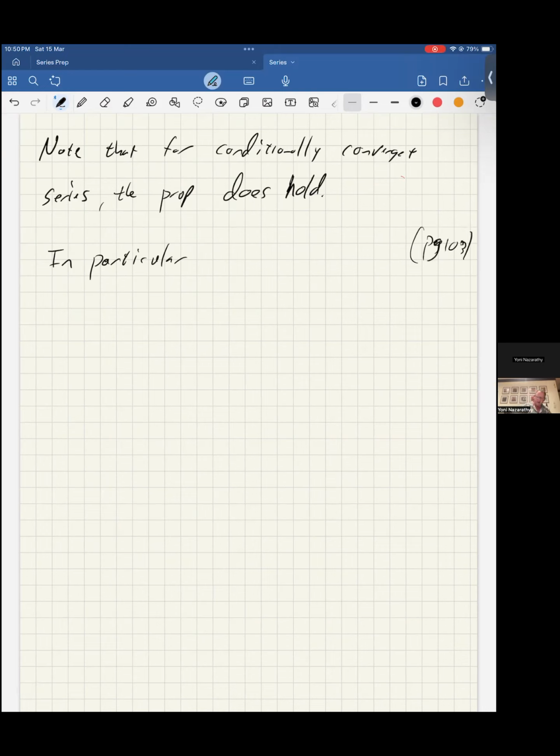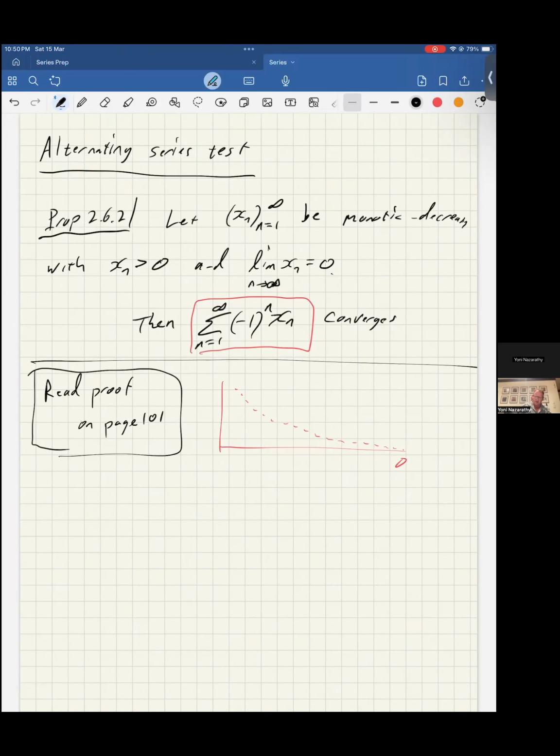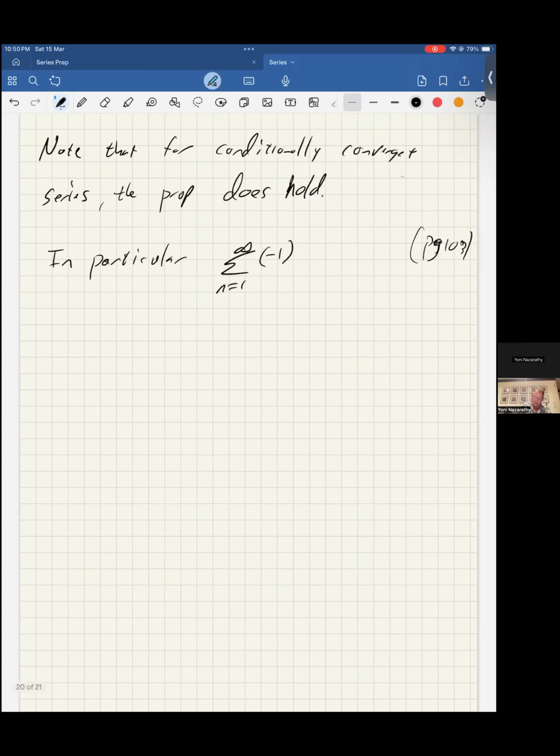is you start with this conditionally convergent series that we've already spoken about, the one that you get from the alternating series test. This one looks like the harmonic series, but with positive, negative, positive, negative signs. It's conditionally convergent.